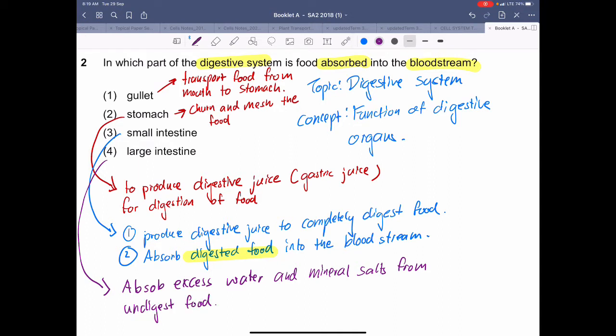Okay, so once again, be very careful. Now, this case is undigested food. Because if you don't have this keyword undigested food, the examiner has to guess.